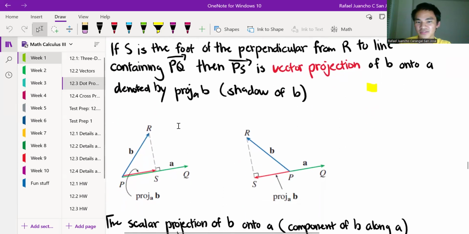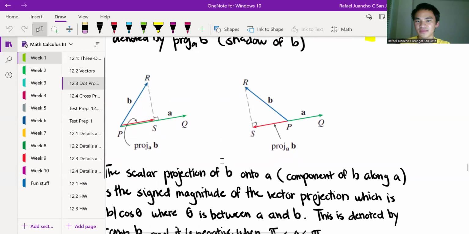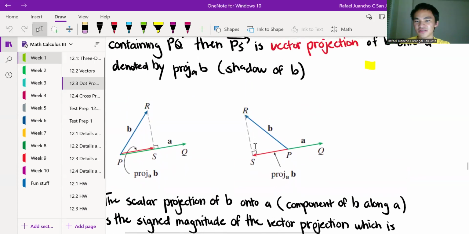Okay, so the thing about projections is if I project A onto B, then I get this vector. Oh no, if I project B onto A, I get this vector because it's like a shadow. Project A to B, I get this thing.